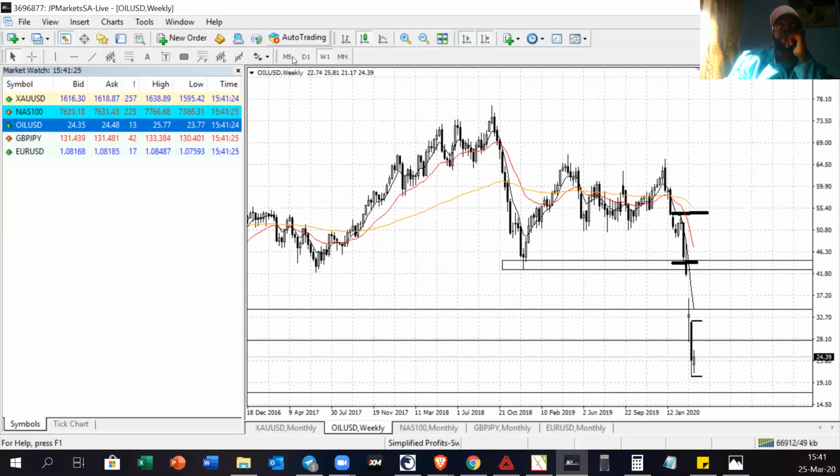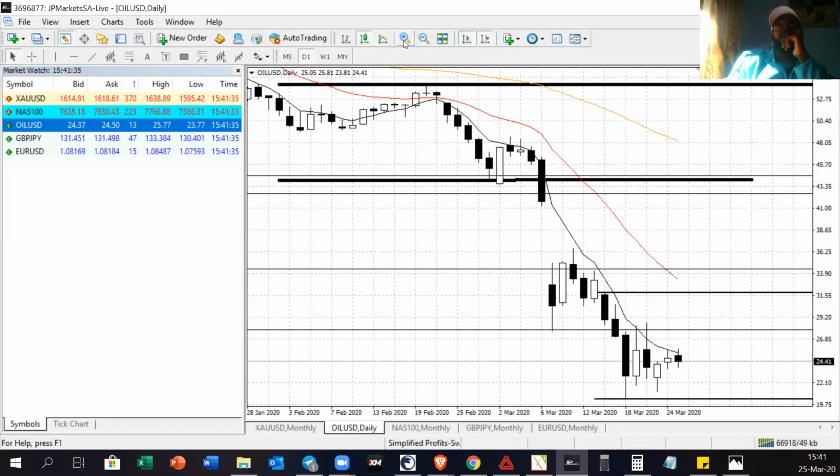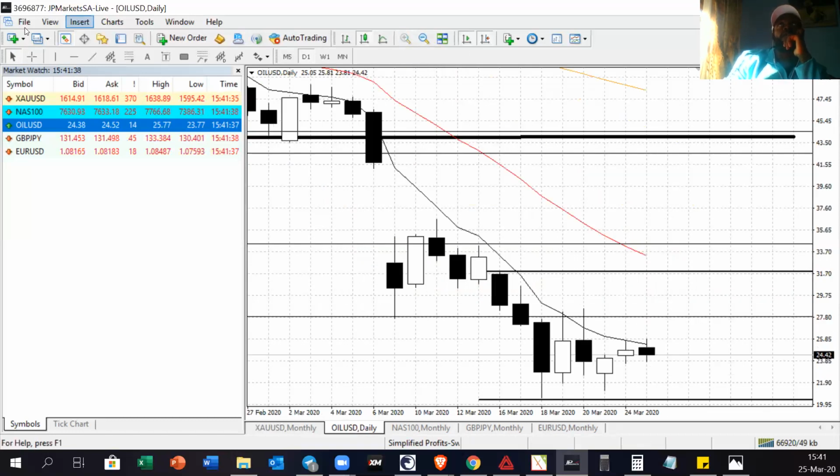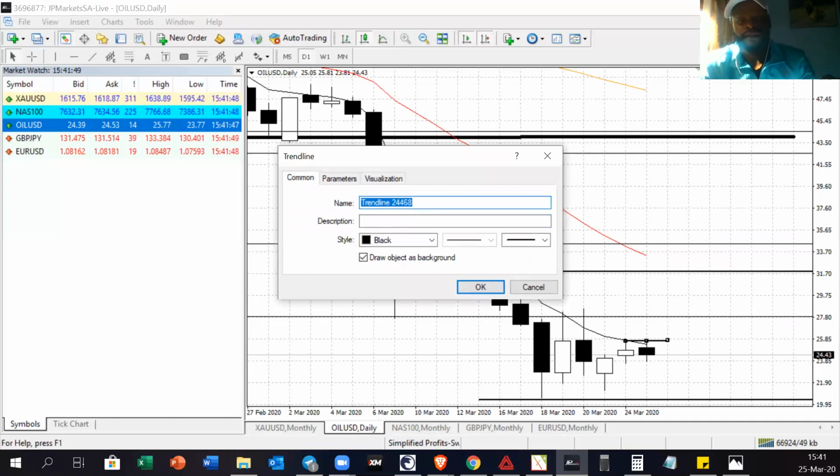All right, so we need more information, but we have the base, and that direction is down. Downward direction, and I'm gonna go ahead and identify yesterday's high and yesterday's low.